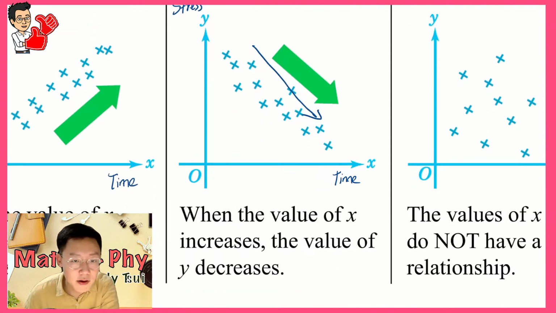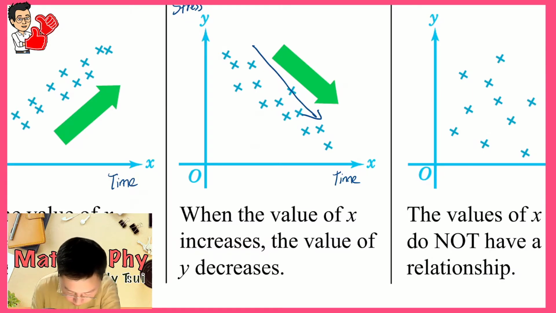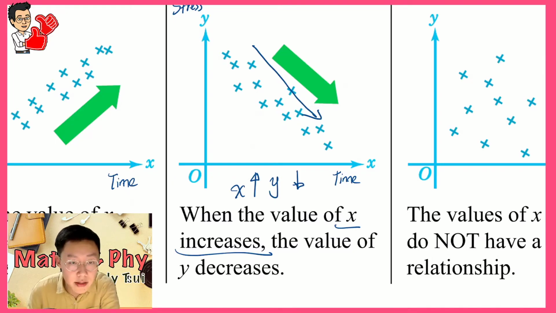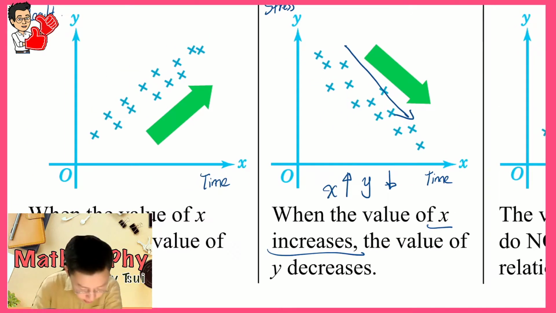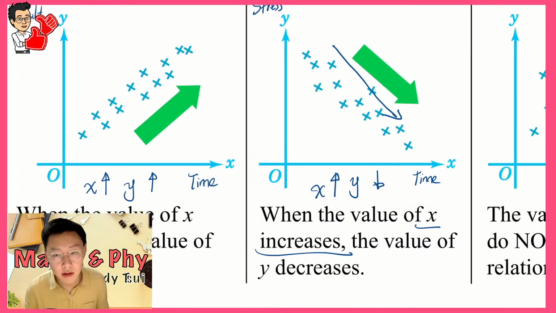So in this one, when the values of x increase, the values of y decrease. And on the left hand side, when the values of x increase, the values of y also increase.